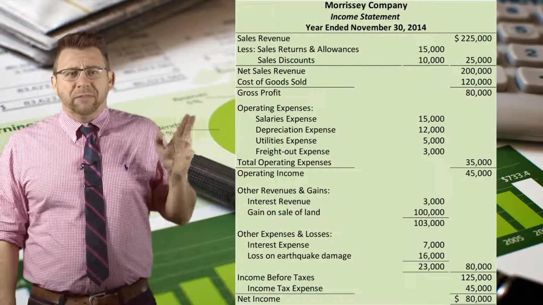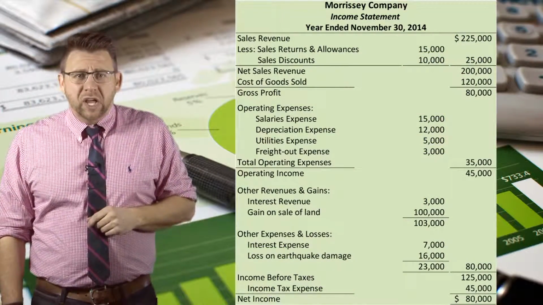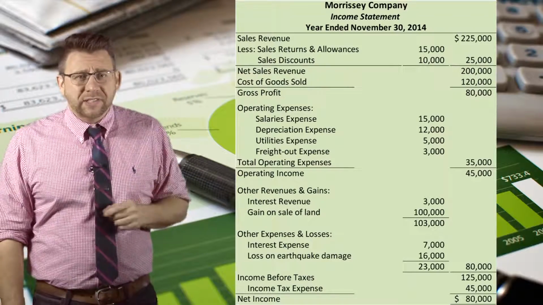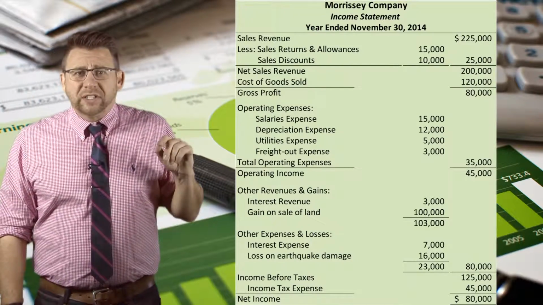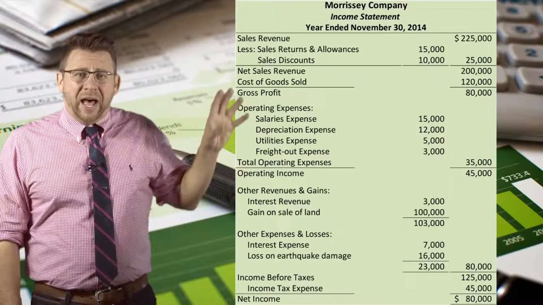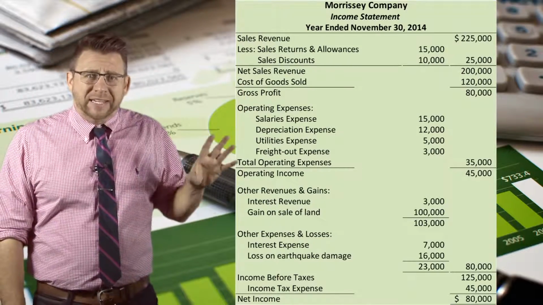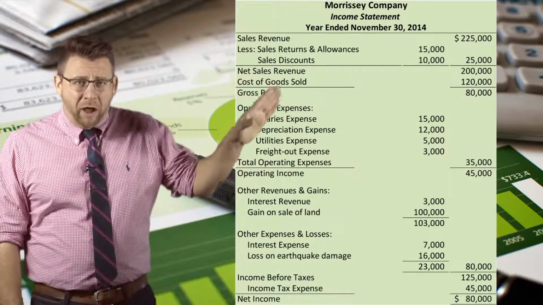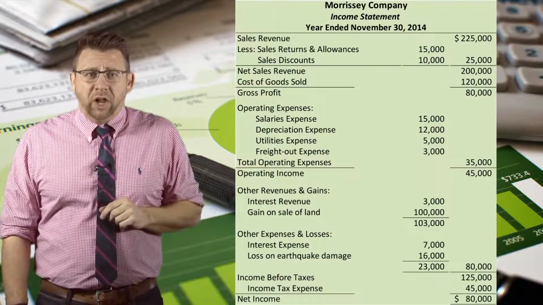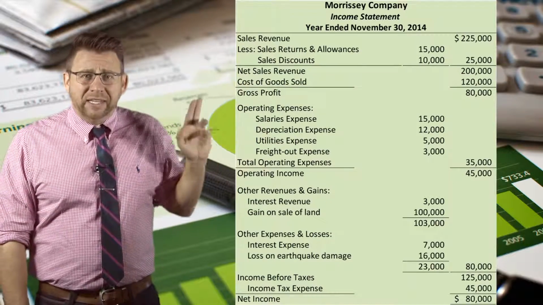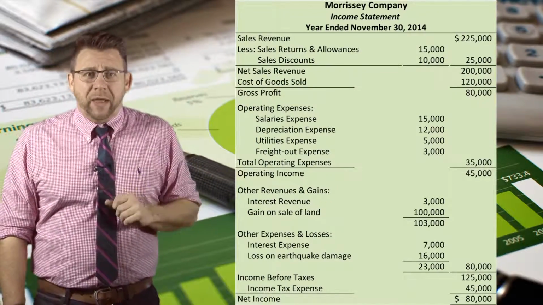Here is an example of the multi-step income statement. You can see the different subtotals listed. Again, you will see items on an inner column being subtotaled and then that amount being carried to the outer column. Again, that does not mean debit or credit, so please remember that.